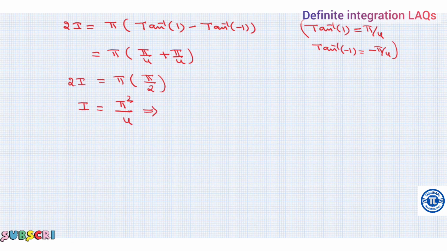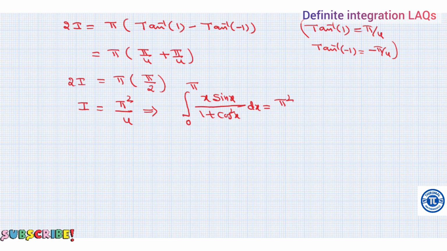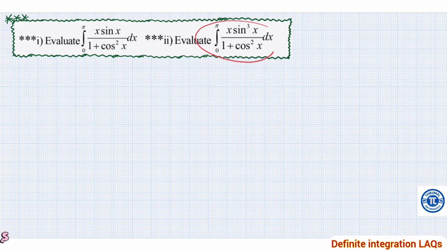That is, the given integral from 0 to pi of x sin x by 1 plus cos square x dx is equal to pi square by 4, which is the answer. Now the second question: evaluate the integral from 0 to pi of x sin cube x by 1 plus cos square x dx.